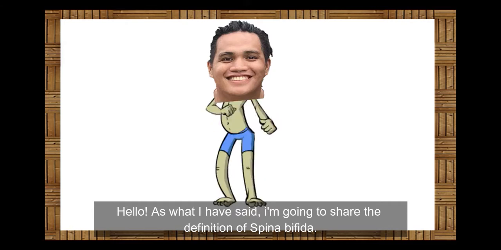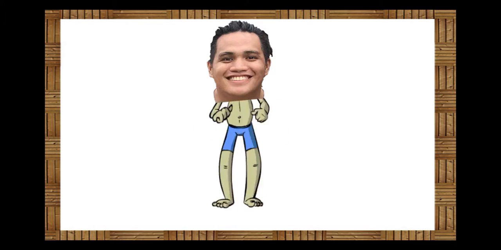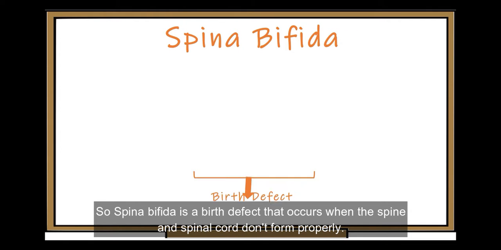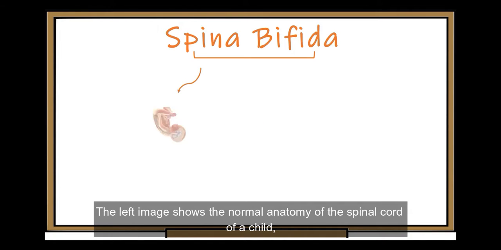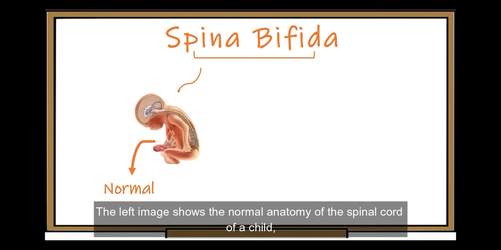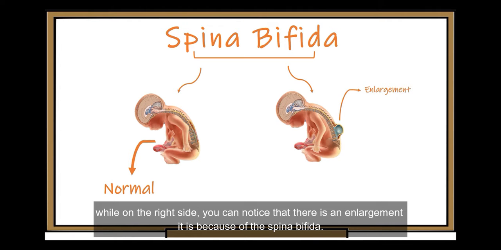As I have said, I'm going to share the definition of Spina Bifida. Spina Bifida is a birth defect that occurs when the spine and spinal cord don't form properly. The left image shows the normal anatomy of the spinal cord of a child, while on the right side, you can notice that there is an enlargement. It is because of the Spina Bifida.